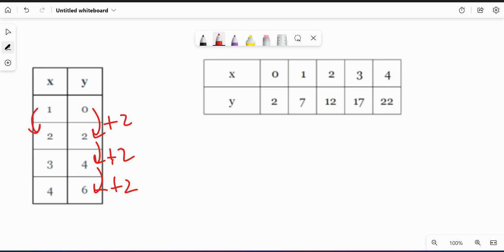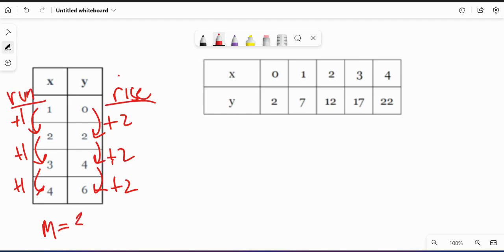The run is right 1, right 1, right 1. So this is your rise, and this is your run. Your slope, your M, your rate is 2 over 1, which is just 2.